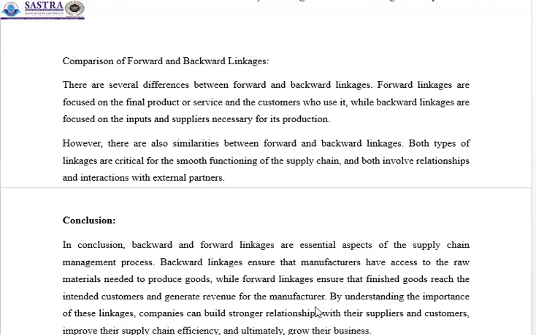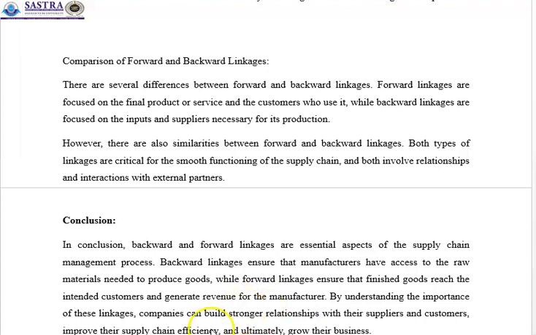If the external partners are properly communicated with the proper information, what is the requirement of material, what is the time of the requirement, what about the quantity, the quality, how it should be packed, and if they concentrate more on that and supply on time, these types of linkages, either forward or backward, will be a great boon to the manufacturers as well as to the customers.